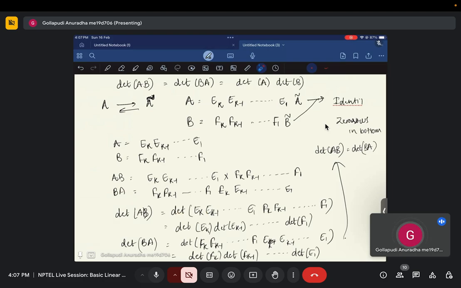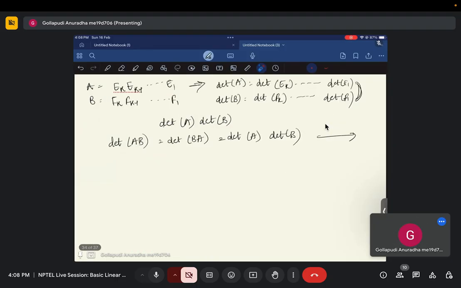So you can write it as the product of the determinants of the individual elementary row operations: determinant of ek minus 1 through e1, into determinant of fk minus 1 through f1. This product is not going to change on the right side, whether it is determinant of AB, determinant of BA, or determinant of A times determinant of B. So this will be true.